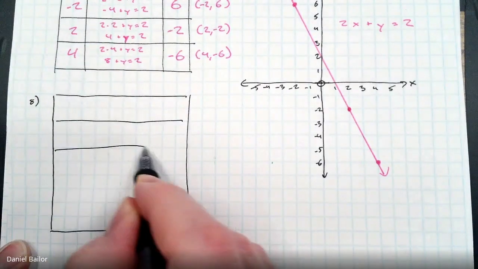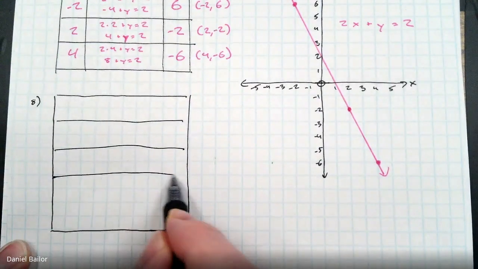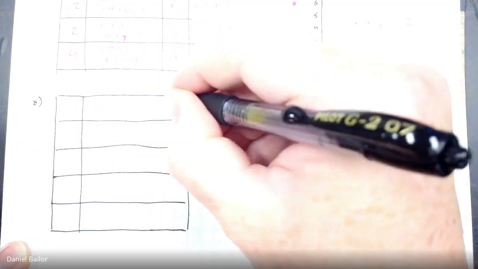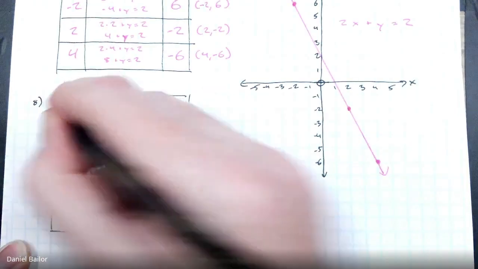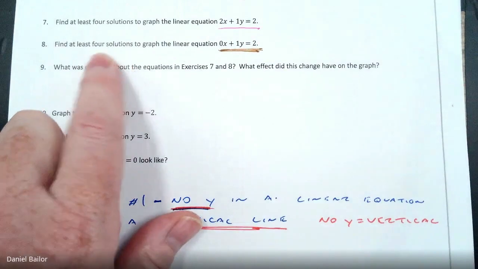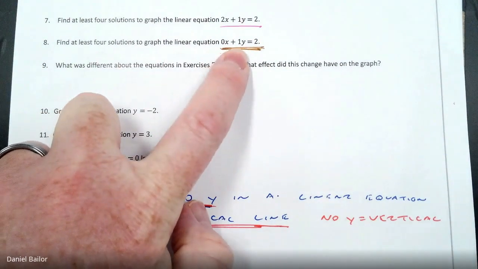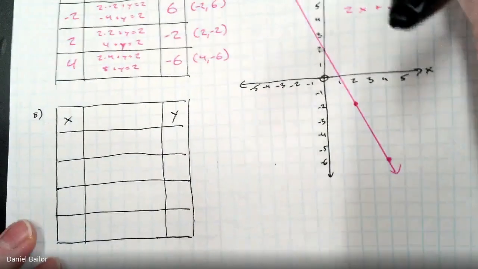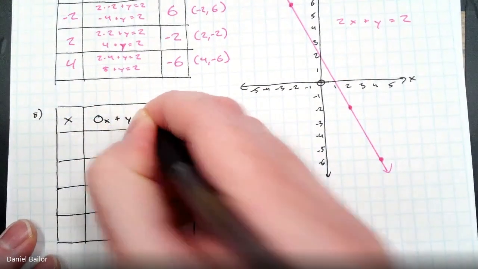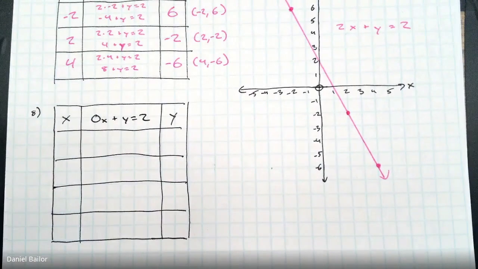I need columns for x and y and the equation. The equation for number 8 was 0x plus 1y equals 2, so I have 0x plus y equals 2. Okay, good enough.